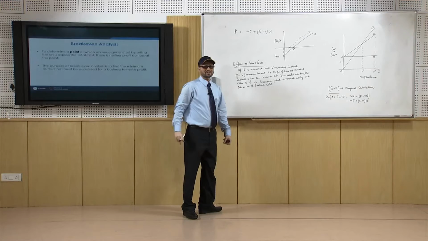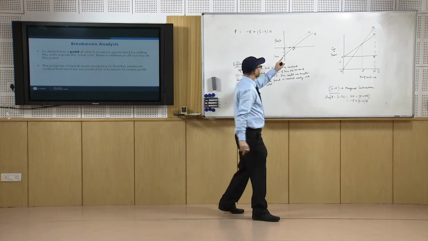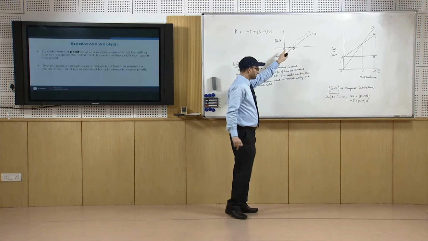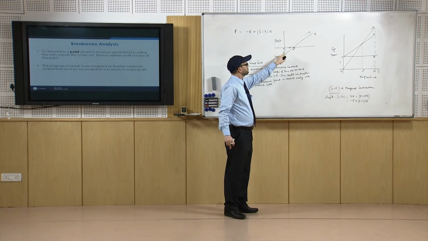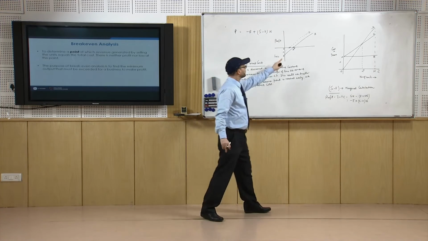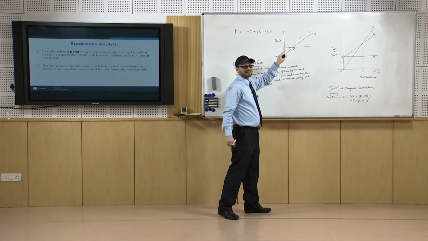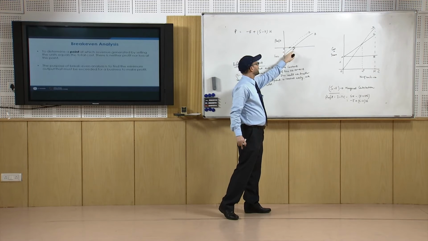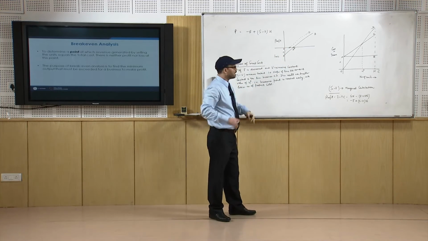So, what we see is that once we decrease the value of fixed cost, that is F, n star is coming early.